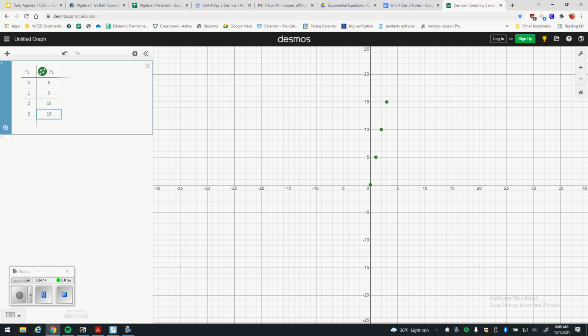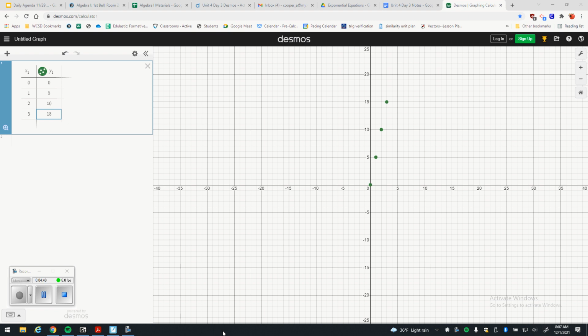All right, now look at these points. Do they look like they're making a straight line, or do they look like they're making a J or an L? So give me one that you know it isn't. Does it look like an L? No, so we know it's not exponential decay. Could it possibly look like a J? Maybe.